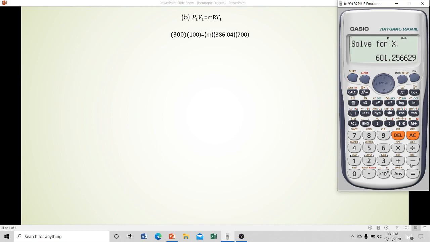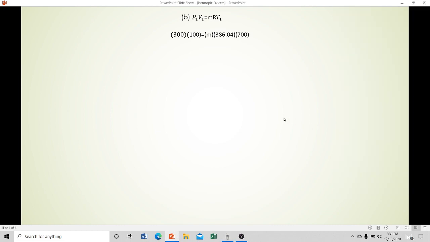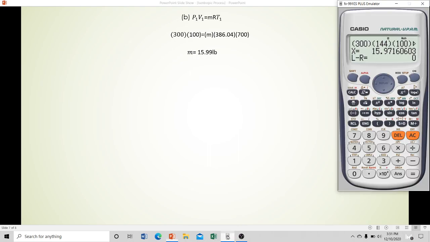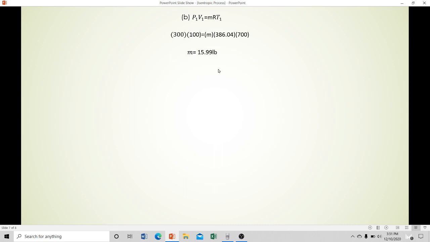Shift solve, so we can get the value of the mass. We have 15.97, or approximately 15.99.